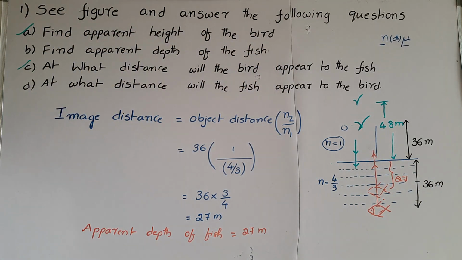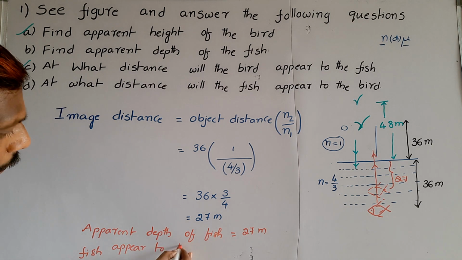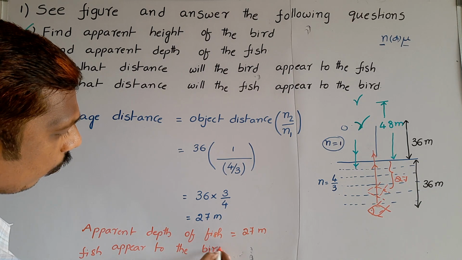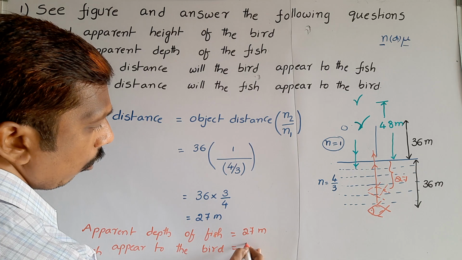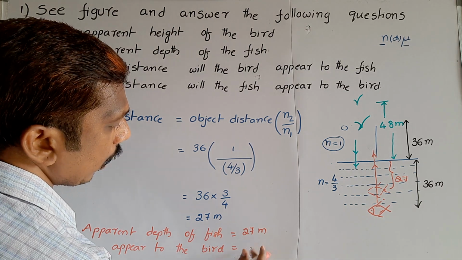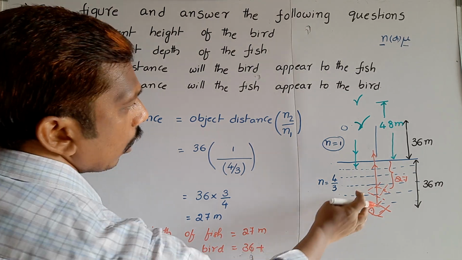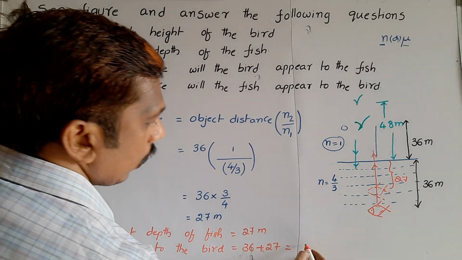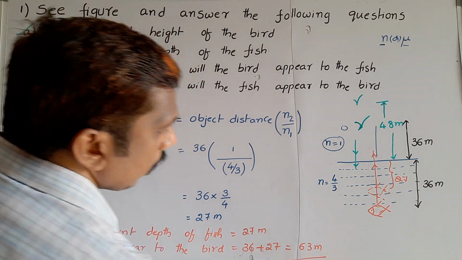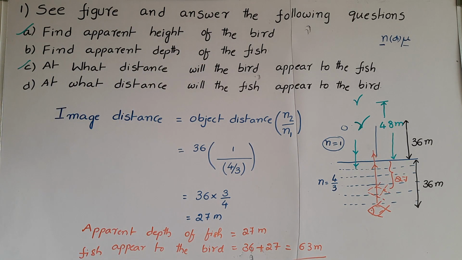For the bird, at what distance will the fish appear? The distance to the bird is equal to the bird's distance from the water surface, 48 meters, 36 meters plus the fish's apparent depth, equal to 27, which is equal to 63 meters. So this is the distance.